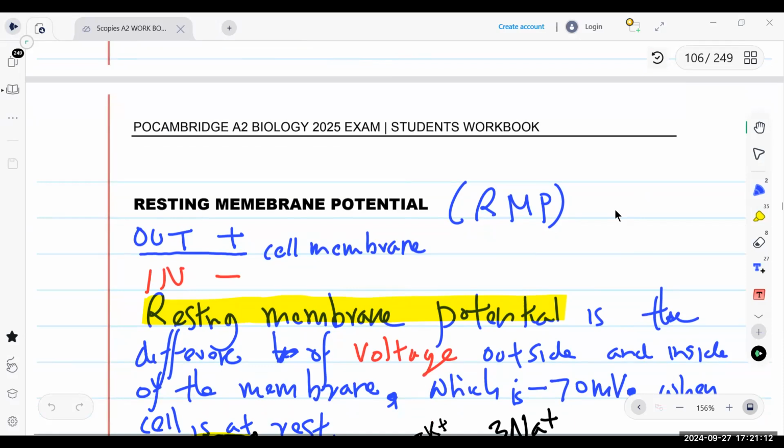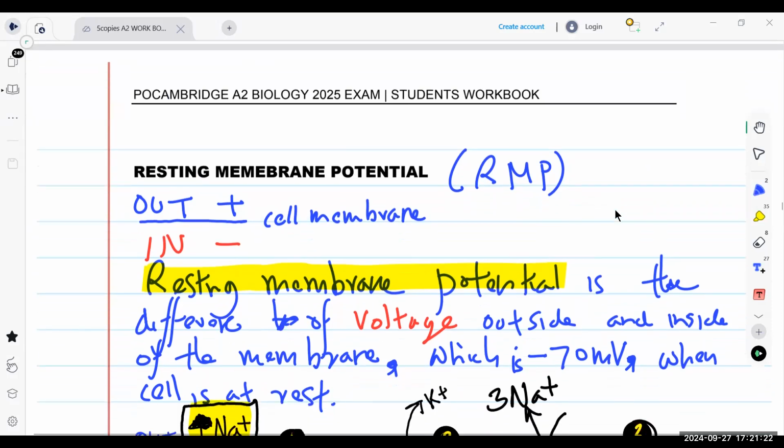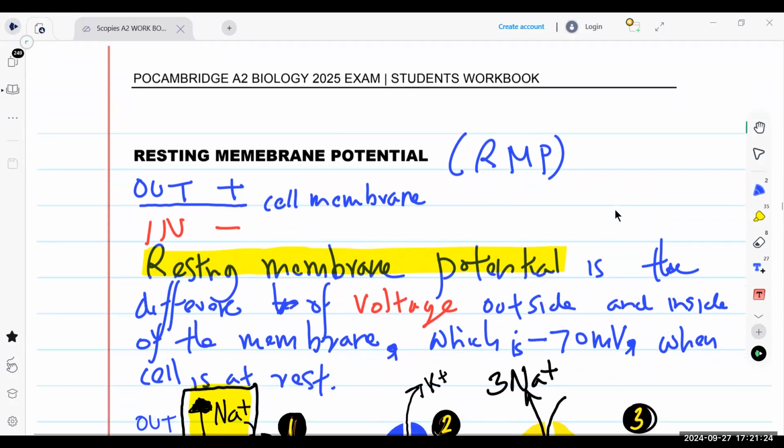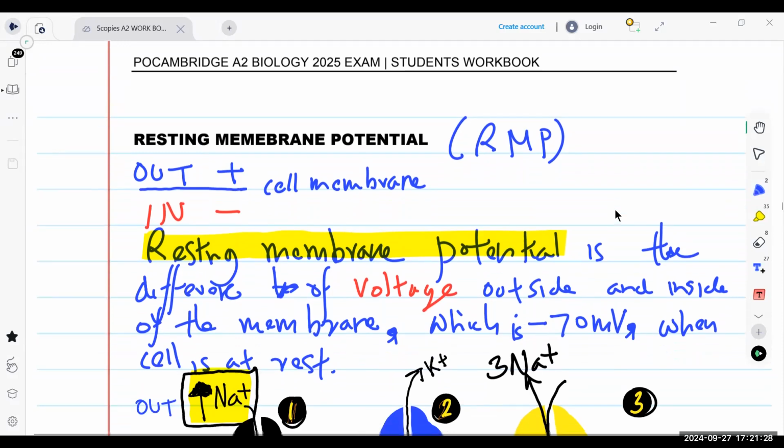Here we learn how outside is positive and inside is negative of the cell membrane of neurons. This is called resting membrane potential. When the neurons are at rest, there's a minus 70 millivolt potential.